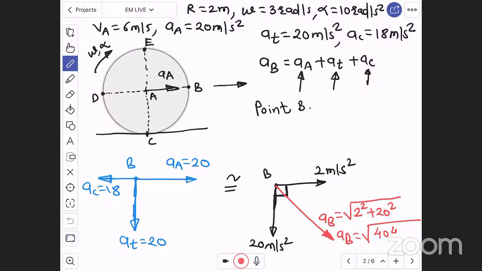The answer is under root of 404 and unit will be meter per second square, right? Whatever may be the answer, you have to find. I am not going to resolve this. You can calculate the under root on a calculator, at least do that, right?